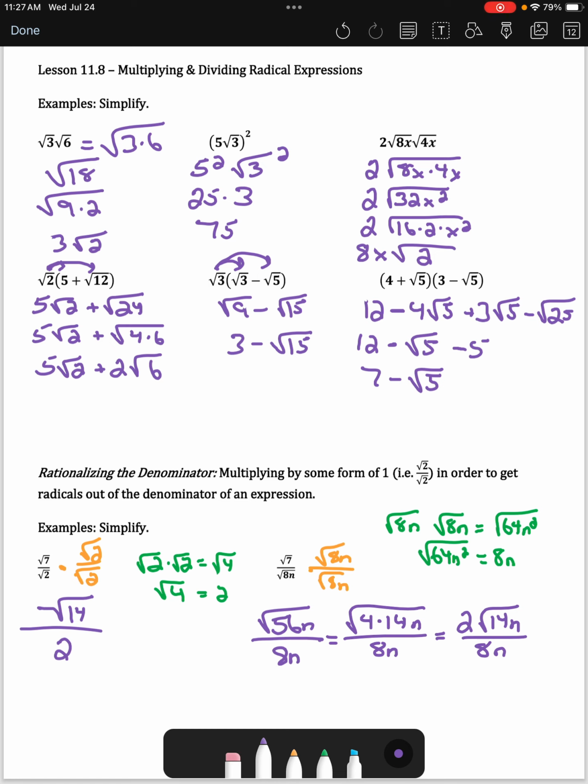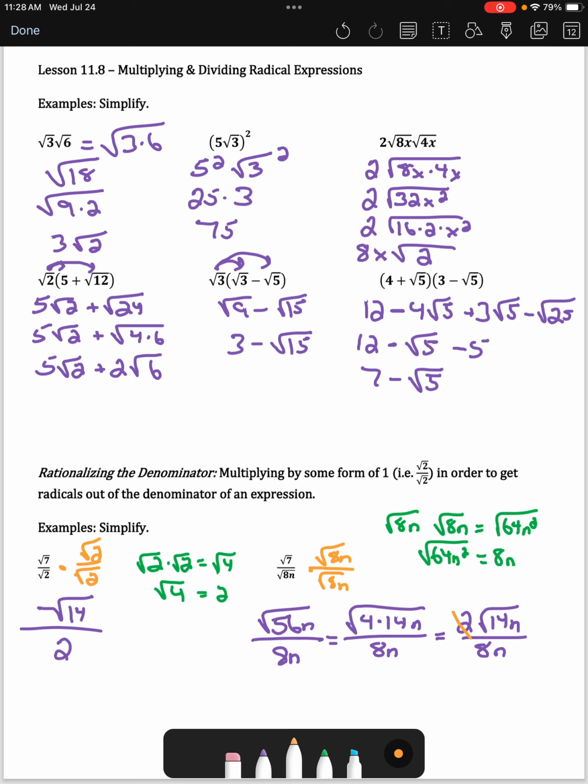Now, you might think we're done, and we are very close, but we're not done. We have parts of this final expression that are outside of square roots, 2 and 8n, and parts that are inside square roots, root 14n. While it is true that things underneath square roots cannot simplify with things that are not underneath square roots, things that are completely clear of radicals are allowed to simplify.